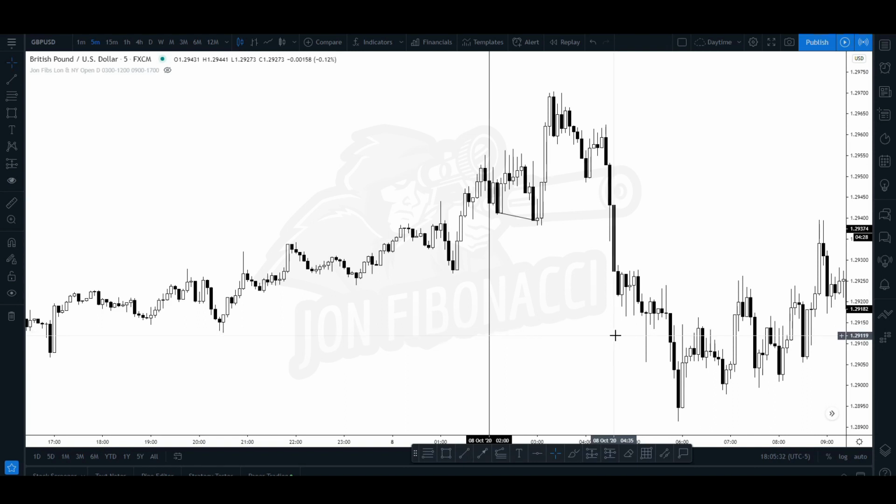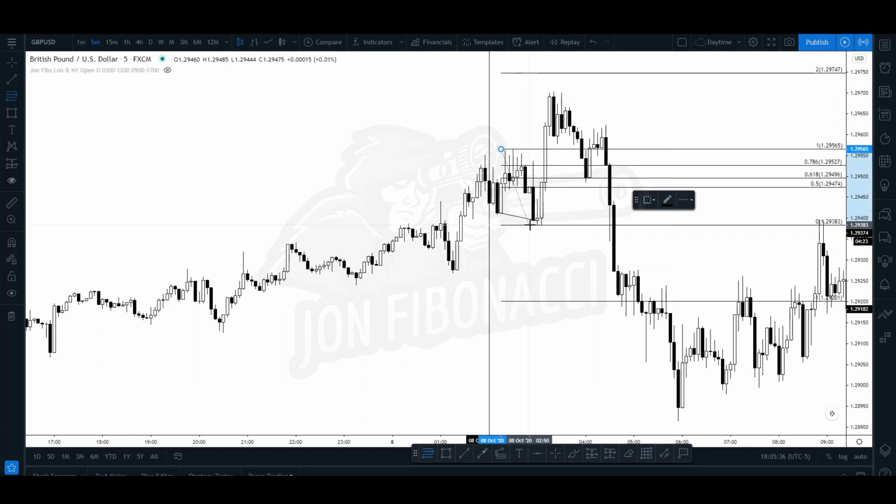So typically what you would do is draw your fib from the high to the low, and then you would look to short the 50, 61.8, or even the 78.6. Let's assume we were shorting the 50 or the 61.8. It's obvious in this scenario that the market went higher and would have stopped us out if we put our stop loss just above the previous high.